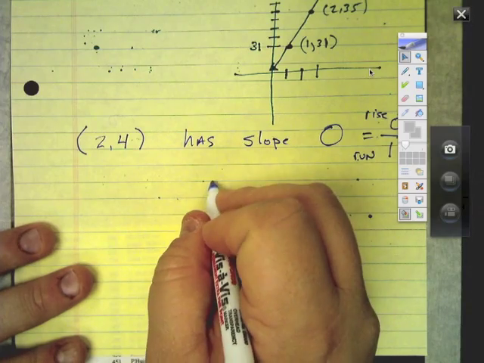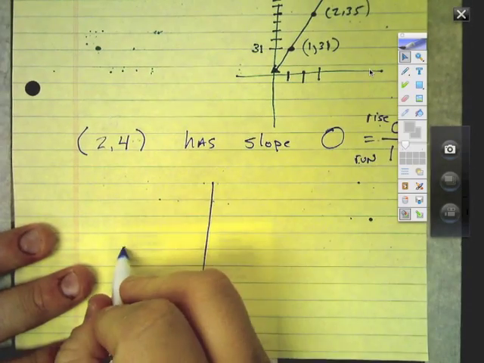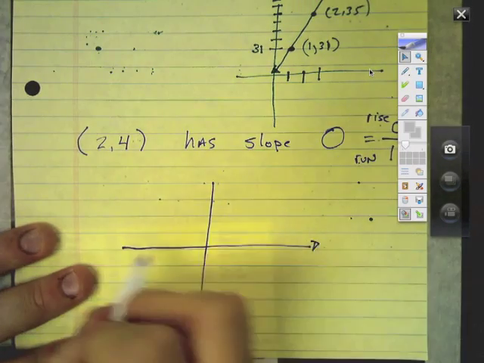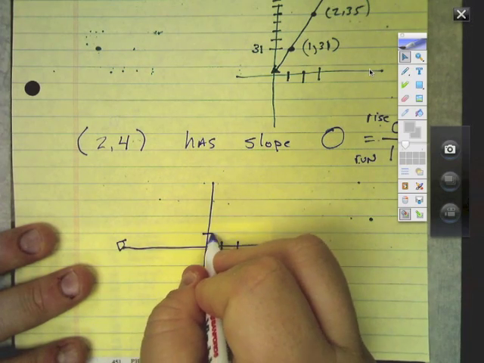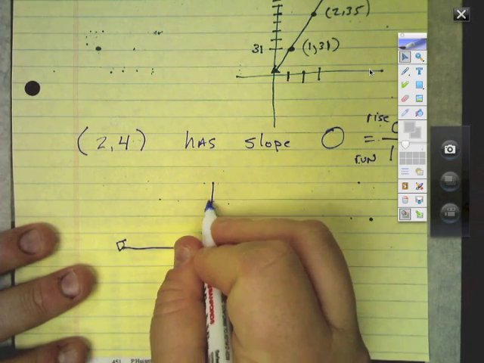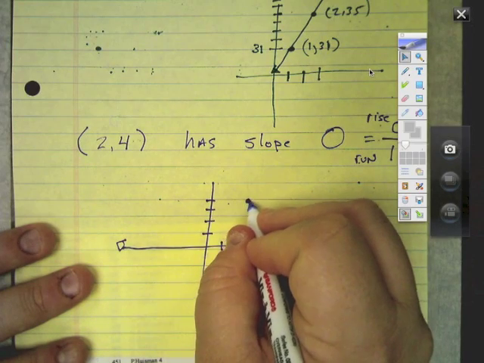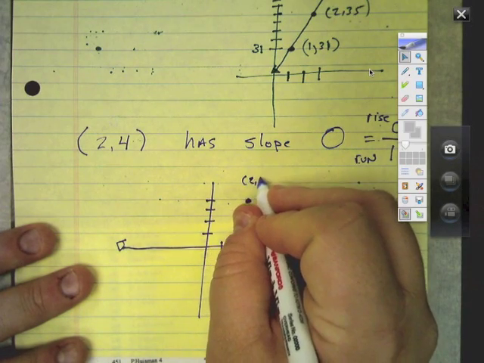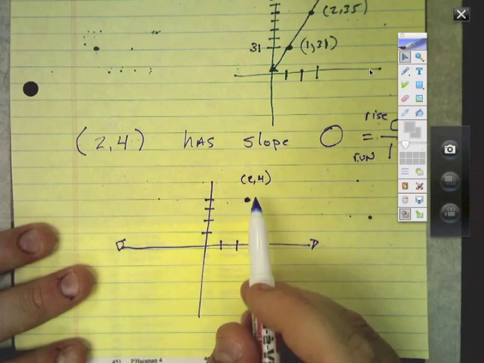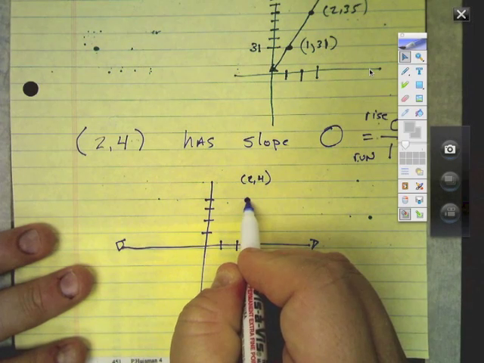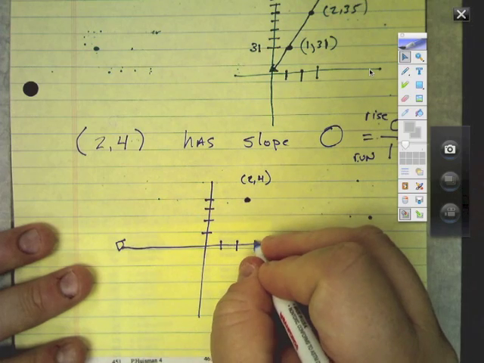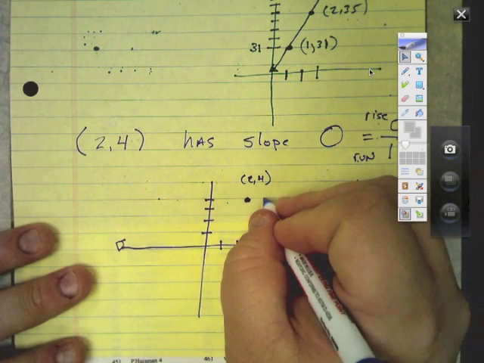So if I'm going to draw that, I'm going to plot 2 comma 4. So I go 2 units to the right, I go 4 units up. Here's 2 comma 4. And now for my slope, I'm going to rise nothing, so I'm still here. But I'm going to run 1 unit.